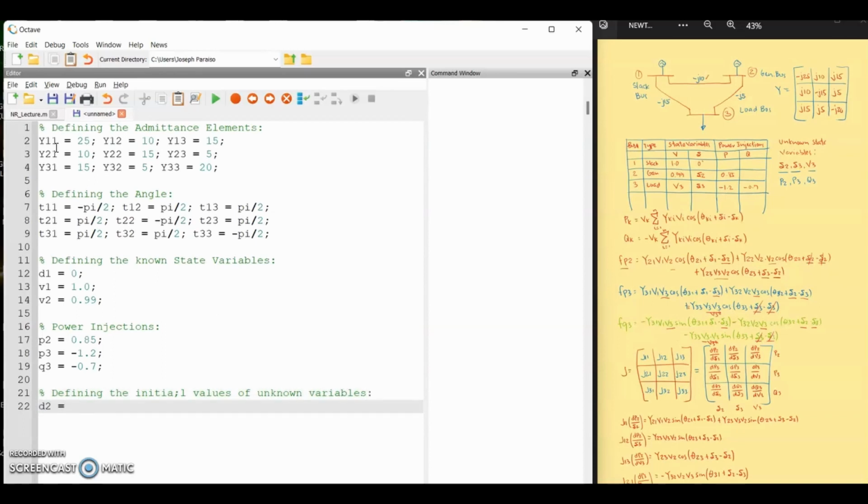T2 is equal to 0, T3 is equal to 0. Next we will define the equations for real power P2.